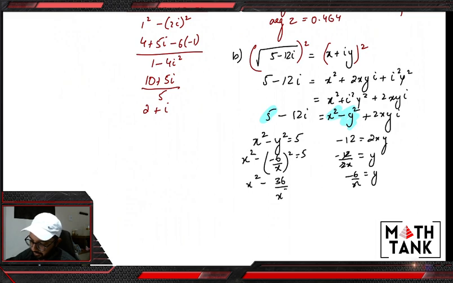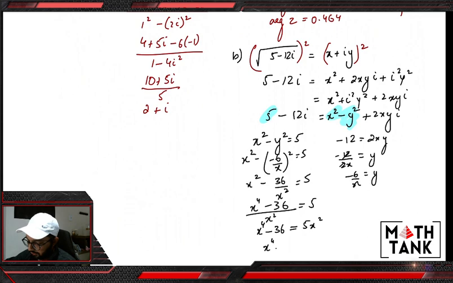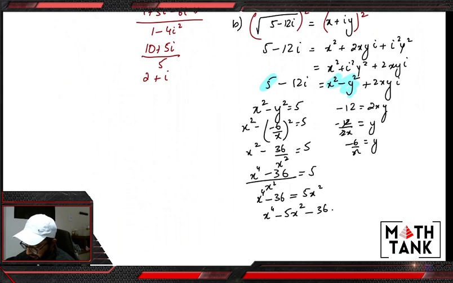x squared minus 36 over x squared equals 5. Pick a common denominator. This becomes what we learn in AS math. This has become a disguised quadratic equation. So if I solve this quadratic equation, x to the fourth minus 5x squared minus 36, I can actually factorize it by just breaking the middle term.